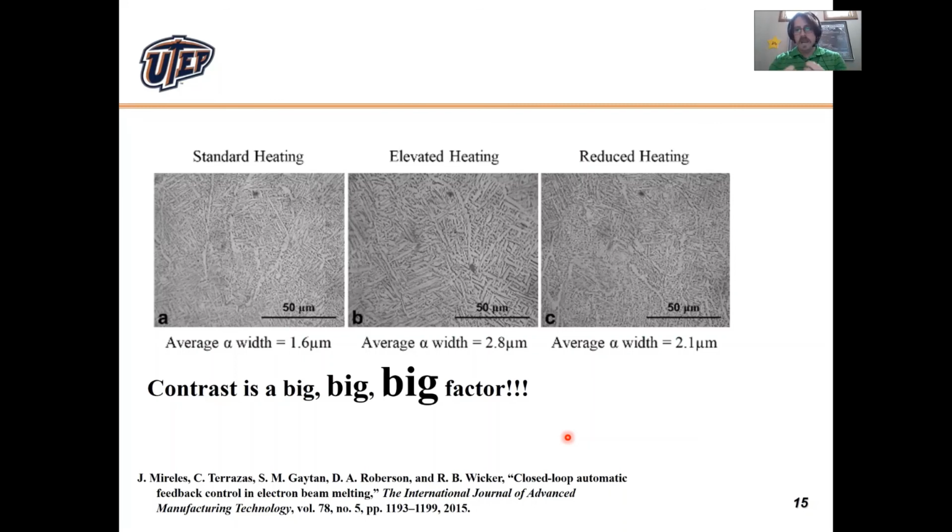Most of these micrographs are black and white images, except when we artificially color them. Whether it's an optical micrograph, a scanning electron micrograph, or a transmission electron micrograph, we're learning about the material or interpreting the results by looking at the difference in black and white. So I made this slide. Contrast is a big factor.